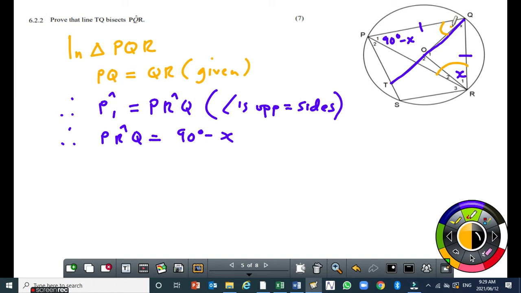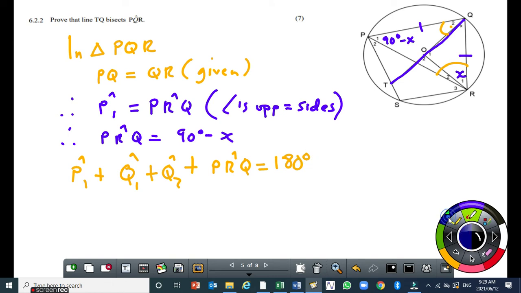All I have to do is say, in that same triangle, if I add angle P1 plus angle Q1 plus Q2 plus angle R, which I can call PRQ, I must get 180. My reason here: sum of angles of a triangle.